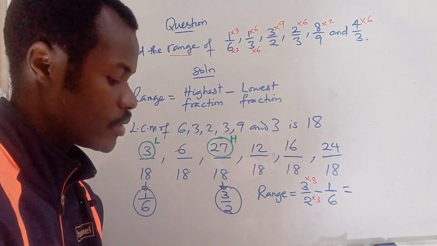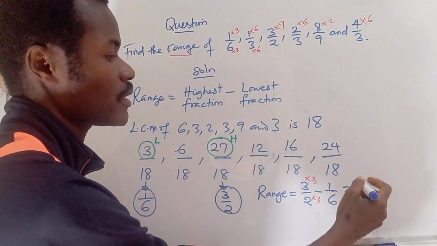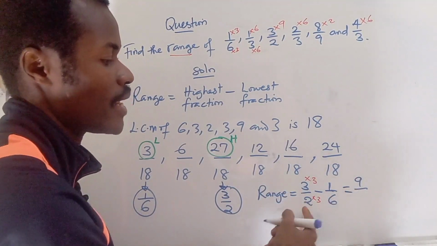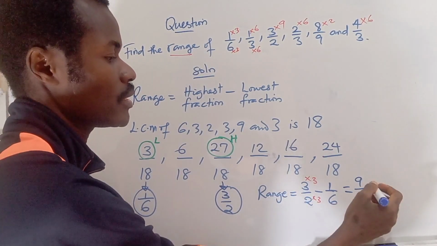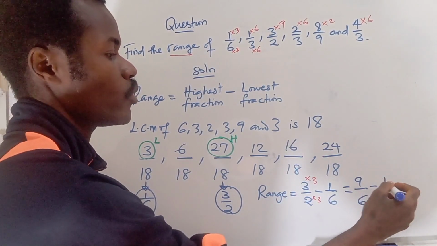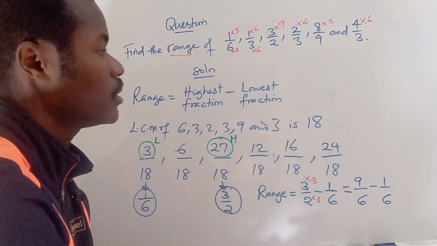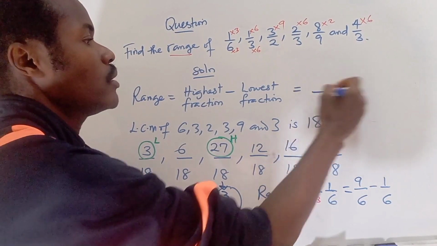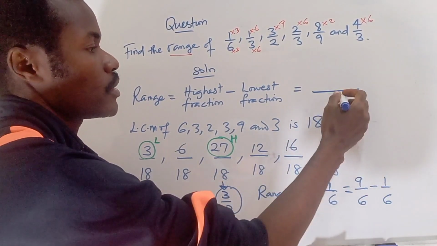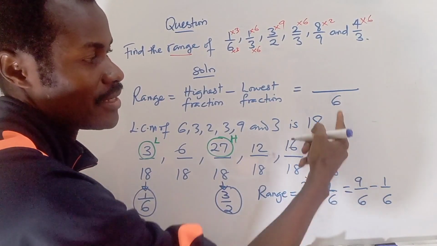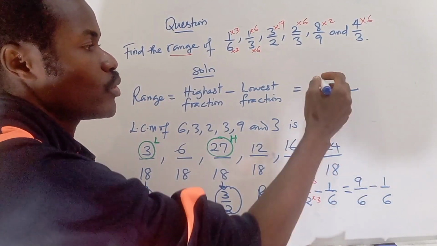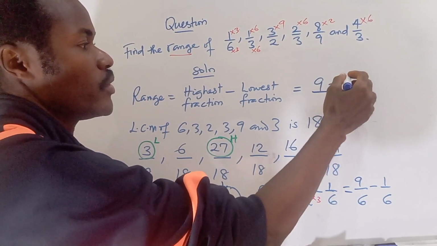So what would that give us? We have 3 times 3, which is 9, and 2 times 3, which is 6. So minus 1 over 6. Now that the denominators are equal, the LCM of 6 and 6 is 6, and we are simply going to subtract the numerators.